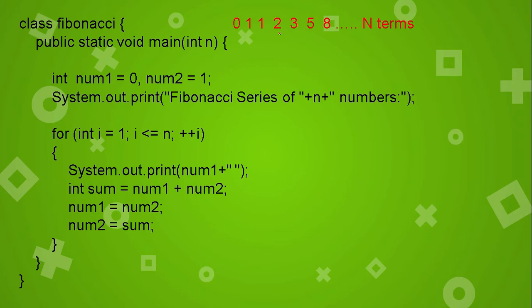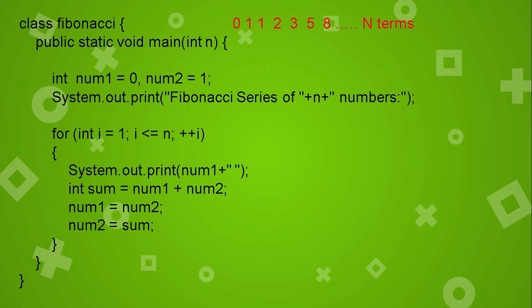Then 2 plus 3, 5. Then 3 plus 5, 8. So when you add the previous terms, you get the current term. That is the program you need to do.